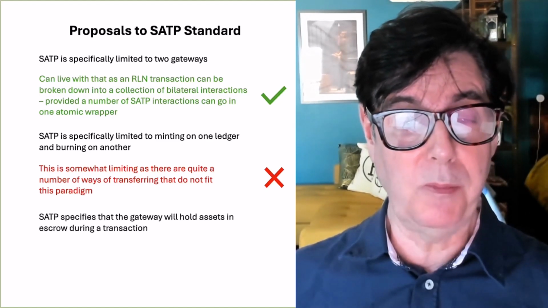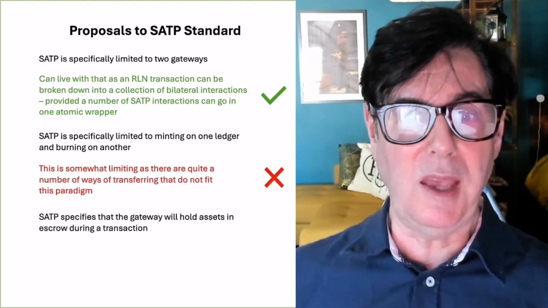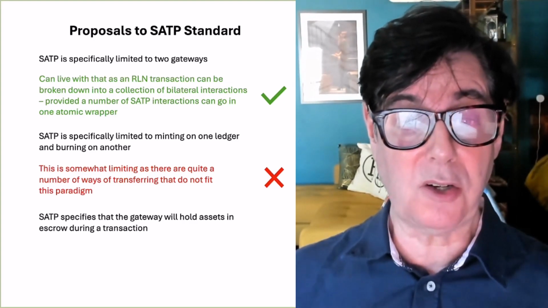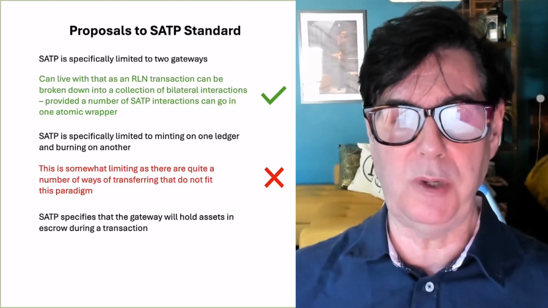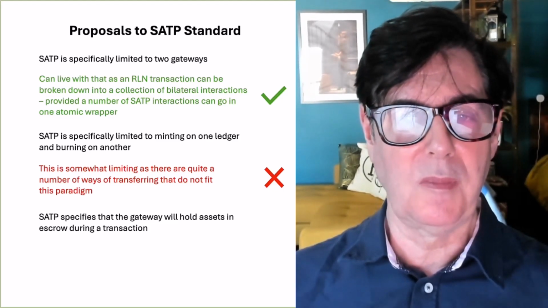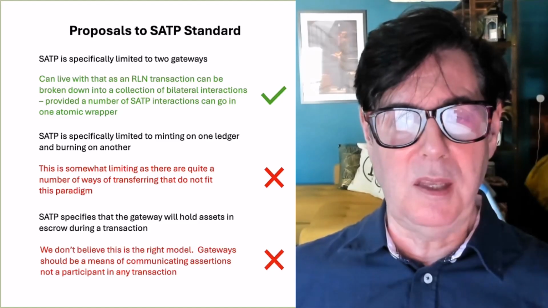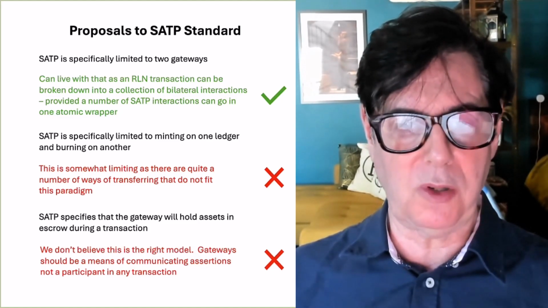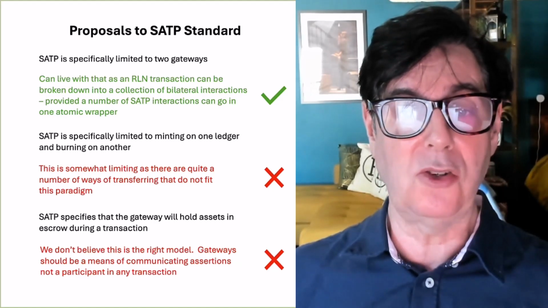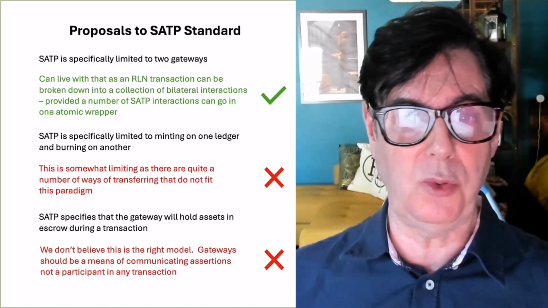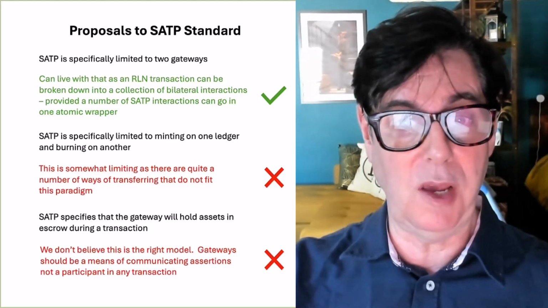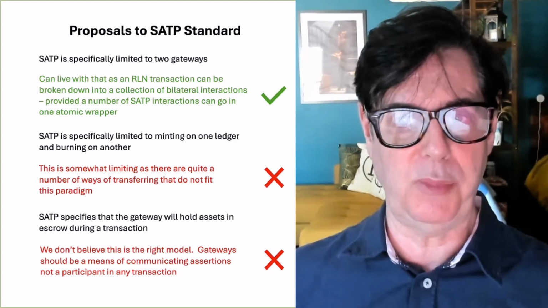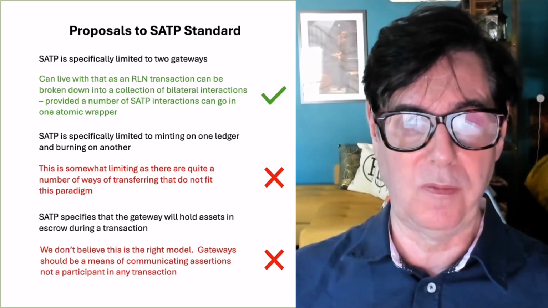Third, and perhaps most surprising to us, SATP requires that gateways hold assets in escrow as part of a transfer between 2 networks. This is antithetical to our idea of a gateway being a postbox for messages and there being a strict demarcation between actors on each network and the gateway function, which should not act as principal in any transaction.